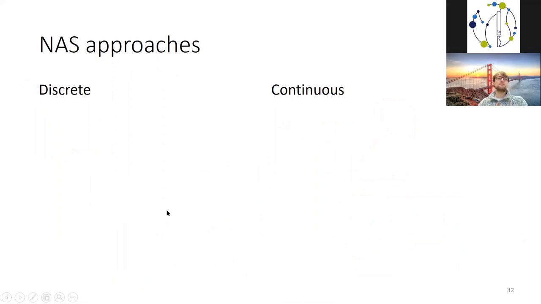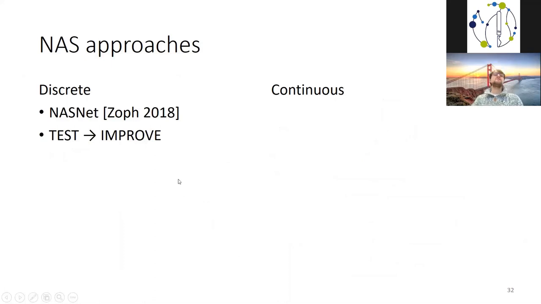This is generally called neural architecture search, and there are established approaches that we could use. For example, there's the discrete approach, which is a scenario where you test and then improve on the architecture. This is the basic block design used in the NASNet approach. We test one, and then we see how we can improve in a reinforcement learning scheme.